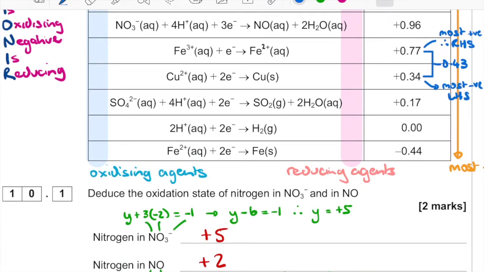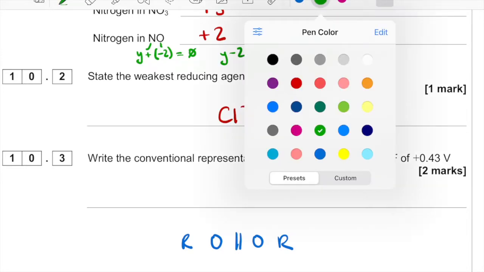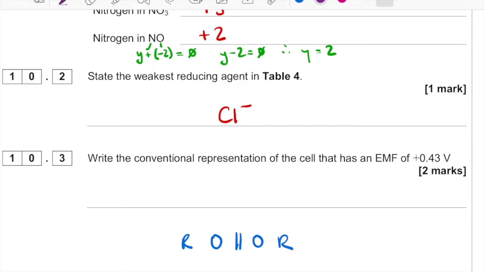We start with the reduced species, and the reduced species is the copper solid. We have to start any cell diagram with a solid, and we fortunately have the actual metal that's being oxidized here. But if we had a gas or an aqueous ion being oxidized, then we would need to make sure that we had a platinum solid electrode. But we do have copper.